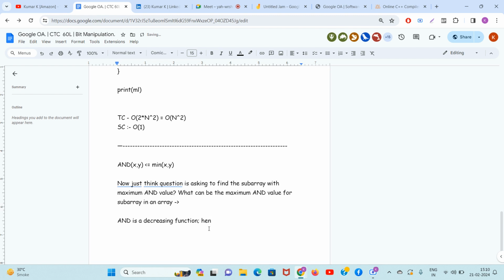It will not become maximum. If you keep combining more and more numbers, AND will become small. But you want big AND, maximum AND.